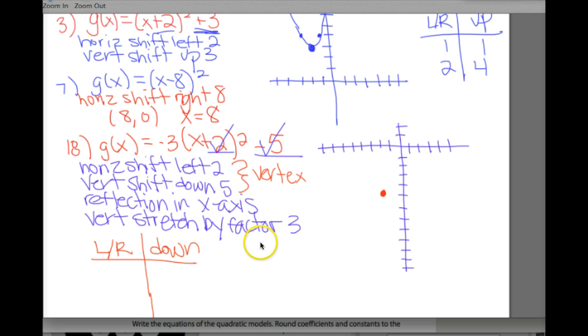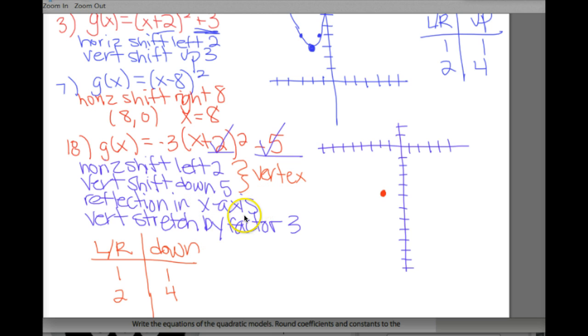So I know that I'm going to need 5 points, unless they won't fit in a standard coordinate plane. When I list my parent pattern, 1, 1, 2, 4 are where I generally start. Sometimes we list more if we need them. So reflection told me it's going to be down here.